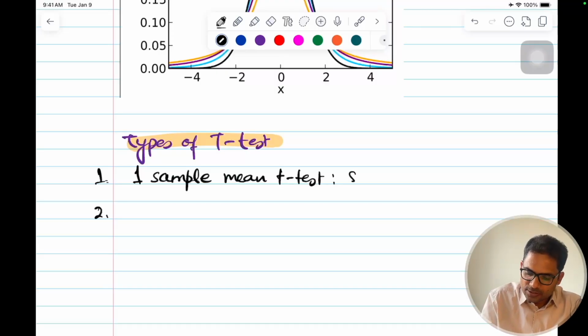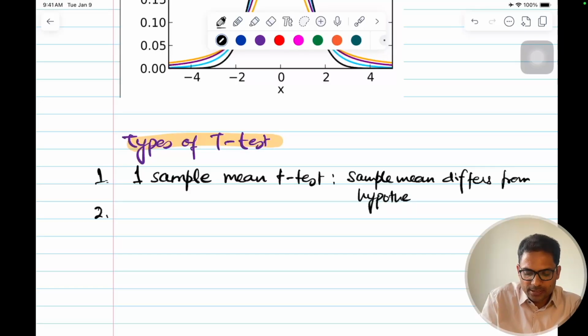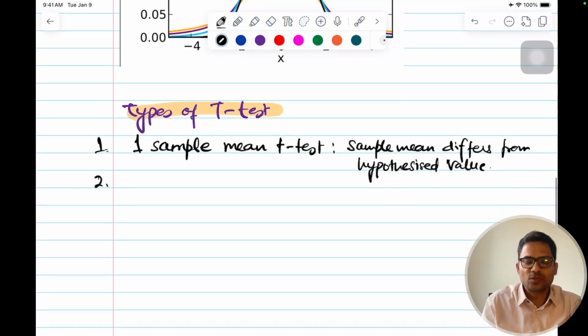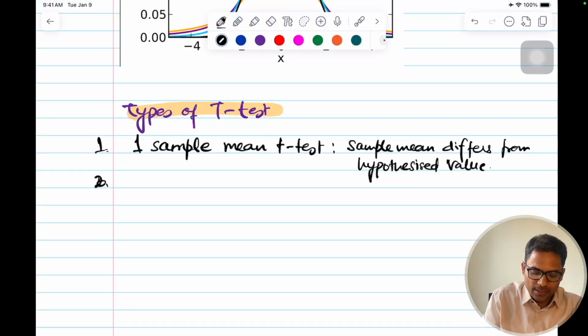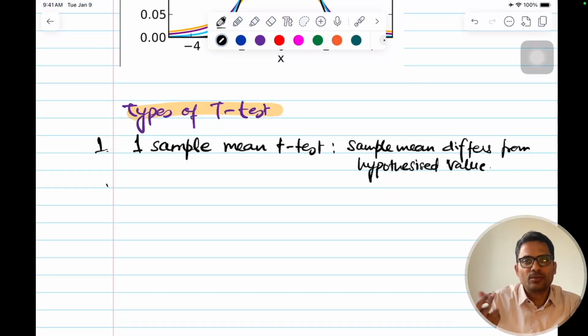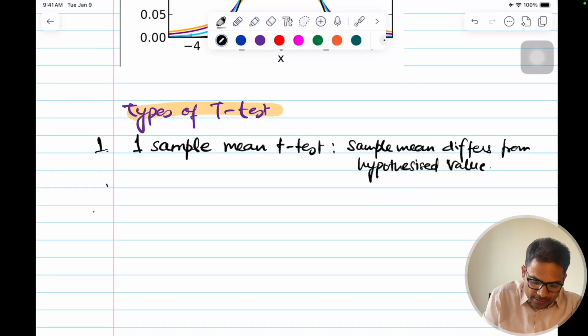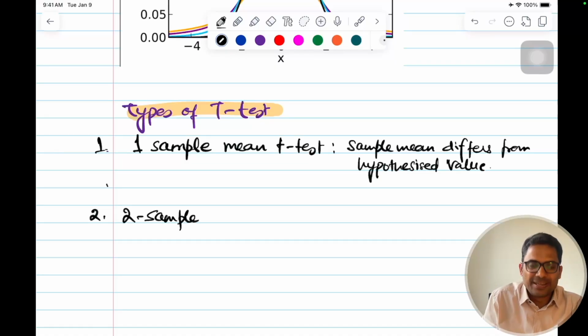So this checks whether the sample mean differs from the hypothesized value, whatever value we have for the population mean. This is one value only, there is a hypothesis that this should be the value, and we check against that. The second one is the 2 sample t-test, where we compare means of 2 groups.